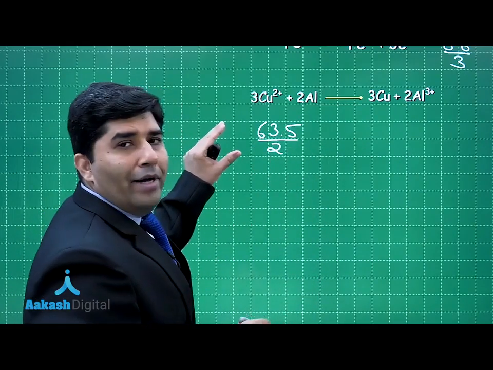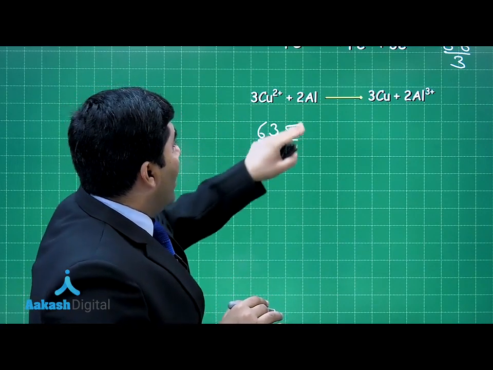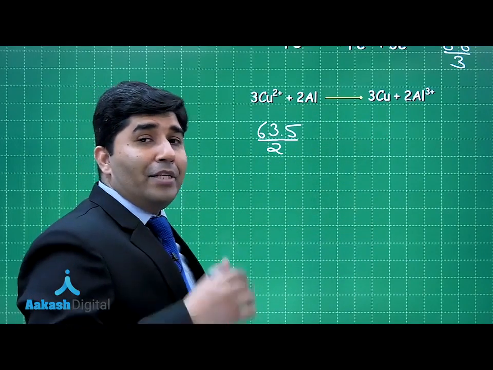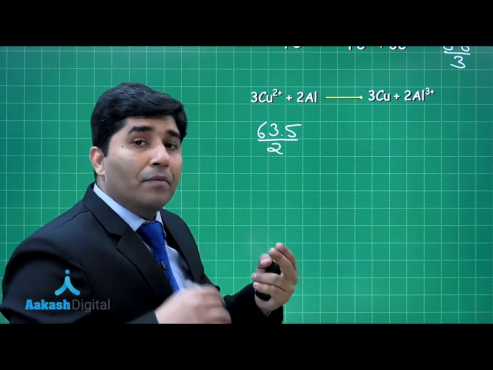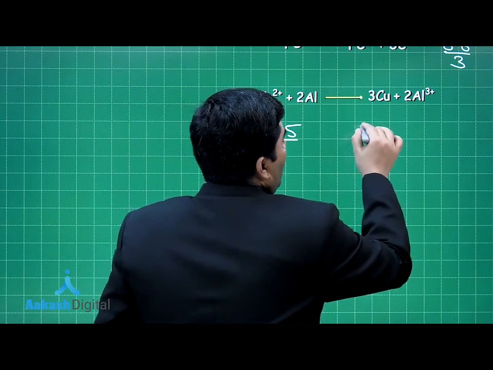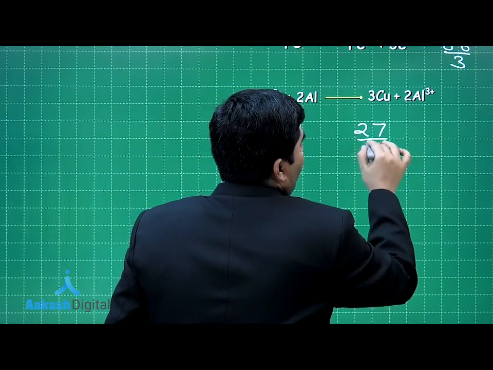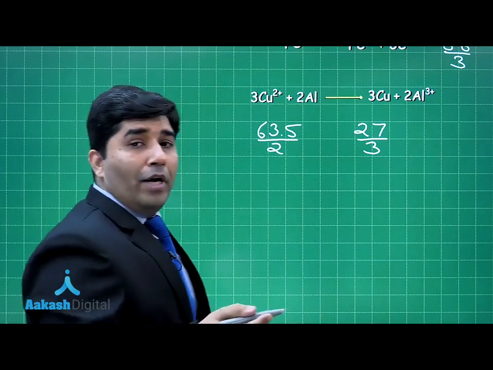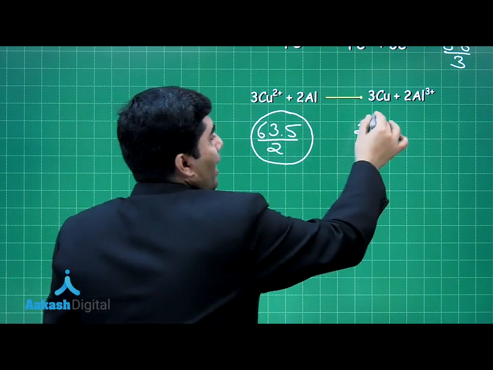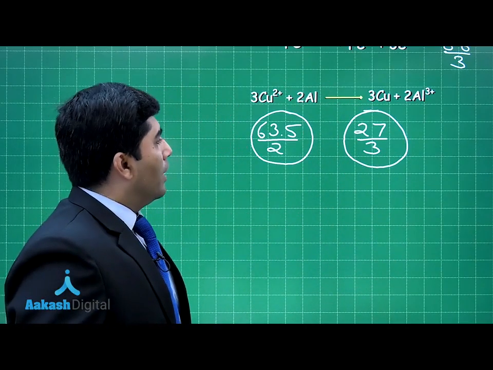That is the equivalent weight of copper, the cupric ion. Now aluminium. Aluminium is converting to aluminium 3+. The change in the valency is 3. Therefore, its equivalent weight will be equal to the molar mass 27 divided by 3. So the equivalent weight of copper is this, and the equivalent weight of aluminium is 27 by 3.